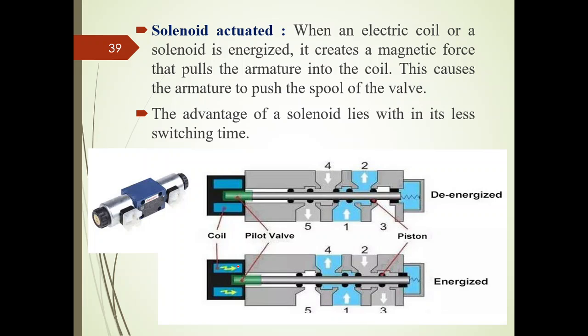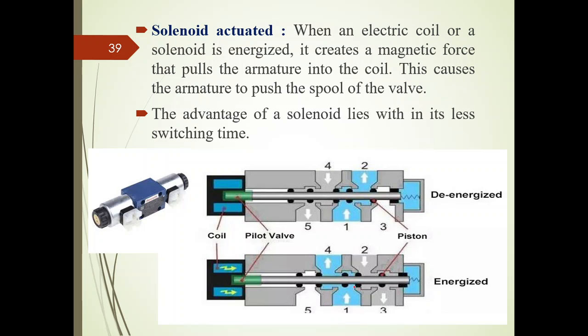The next type of actuation is the solenoid actuation. In case of solenoids, the solenoids are mainly used in order to change the position of the spool as well as spool land. That can be done by energizing the coils as well as de-energizing the coil.